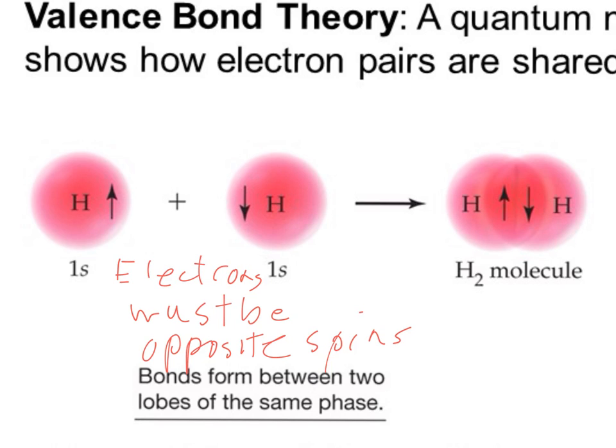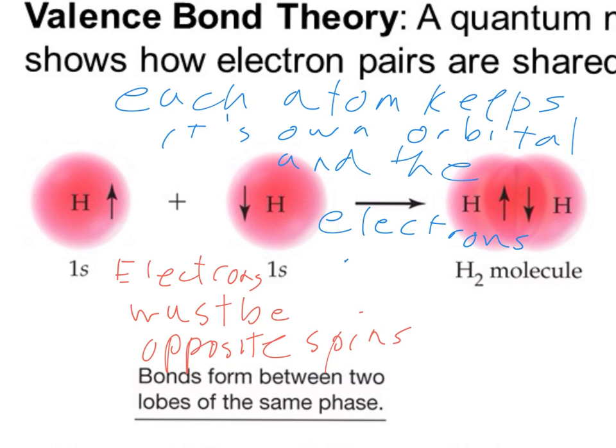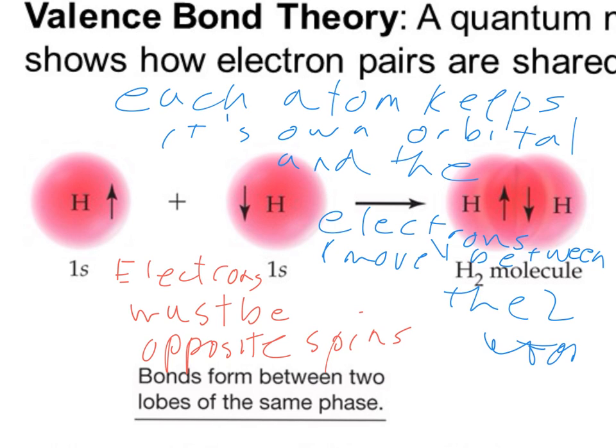So, in valence bond theory, each atom keeps its own orbital, and the electrons move between the two atoms.